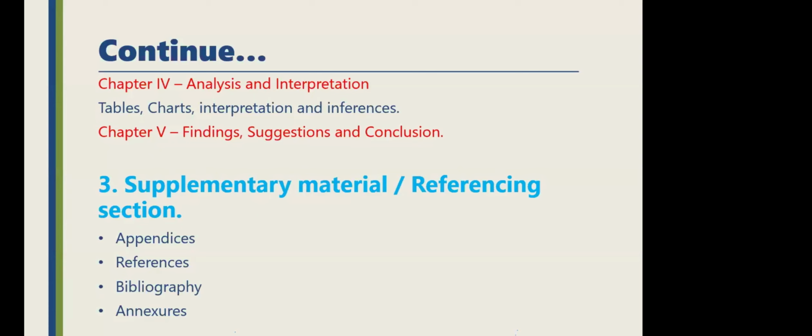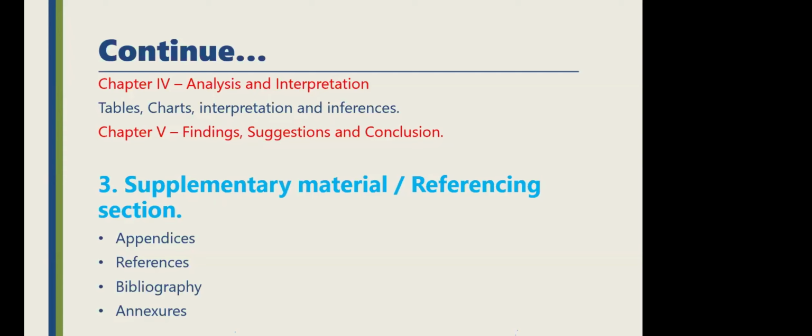For example, the survey questions, the questionnaire which you have used for your study, can be included in the appendices. Next is the references. Here you have to list all the sources you have cited throughout your report. So whatever articles you have gone through, or any research papers or theses you have referred to for your study, can be listed in the reference section.